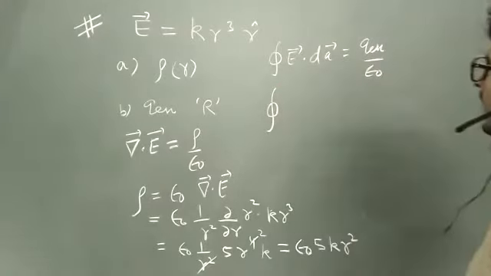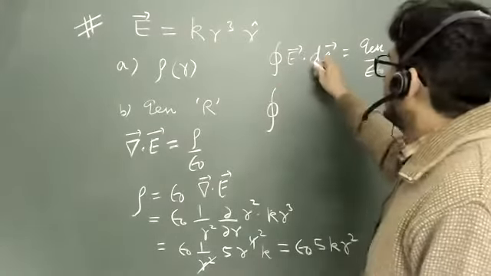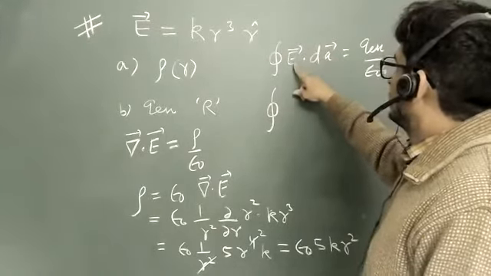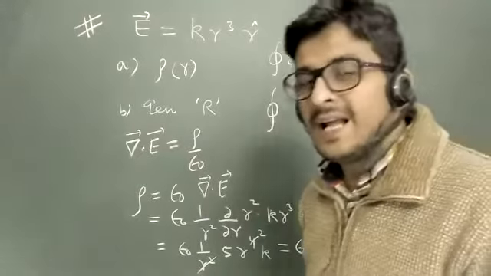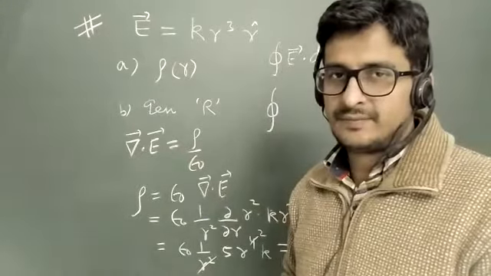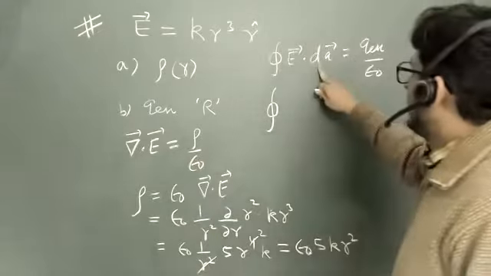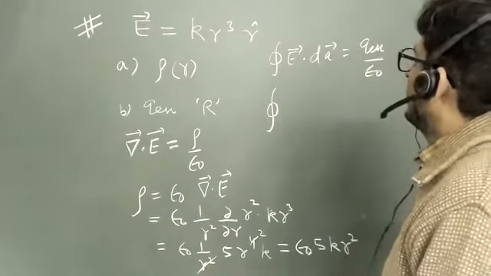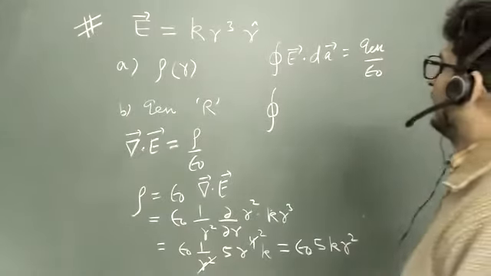what will be E dot dA? So this is the Gaussian surface, right? What is the value of electric field at the Gaussian surface? And then dot dA, that will be the charge enclosed. So tell me, what will be the electric field at the Gaussian surface?